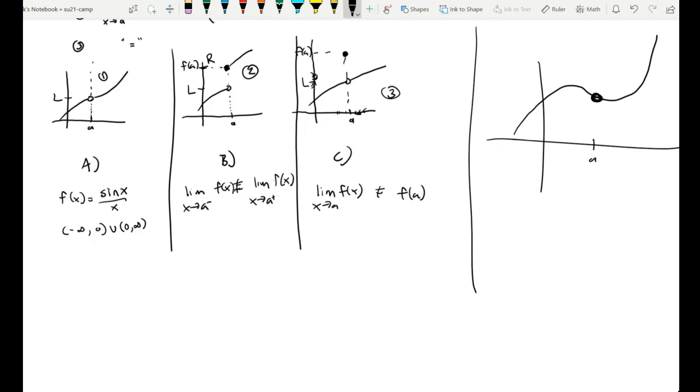So f of A exists and the limit is the same, right? As x approaches A, the values of the function approach the function at A. If you think of the limit as anticipation, and what the function does at A as culmination, then you hope they would match.